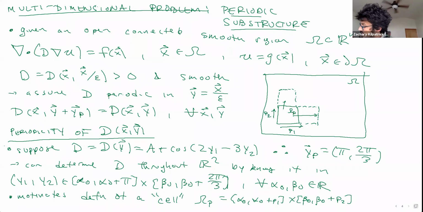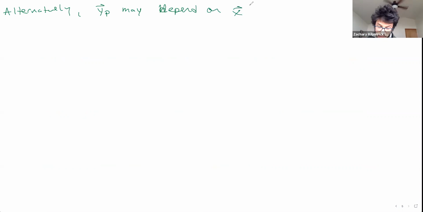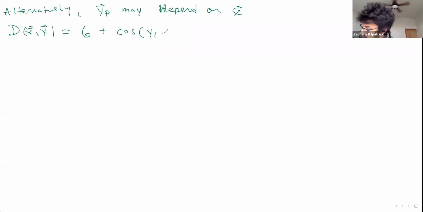Now, in addition to just having this simple diffusion coefficient, alternatively, p may depend on x, okay, so that D(x, y) is equal to, let's say, 6 plus cosine of (y1 e to the x2 plus 4 y2).